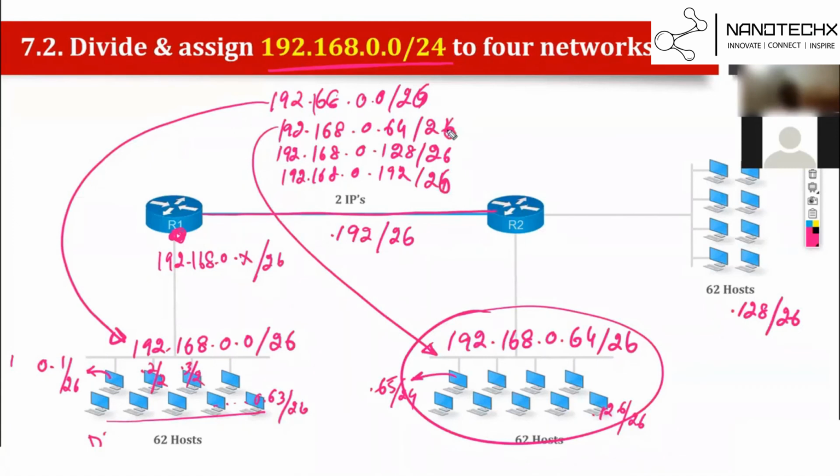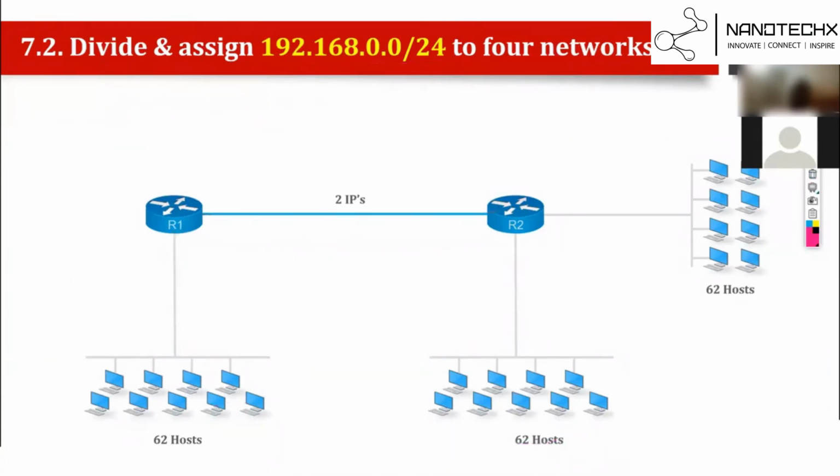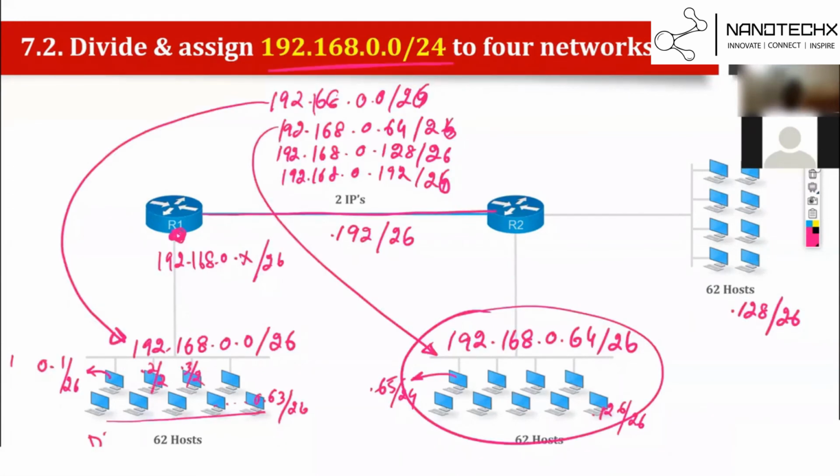Another important point, guys, whenever you are dividing the networks, you have to divide them into equal subnets, with equal subnet mask, in equal quantity. So if I tell you to divide this network into 5 networks, this is not possible.